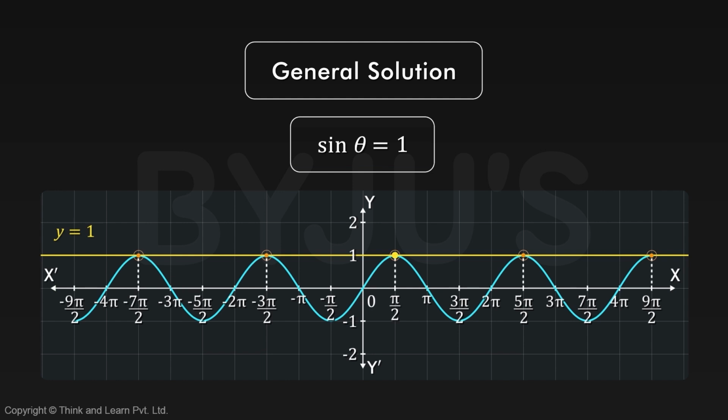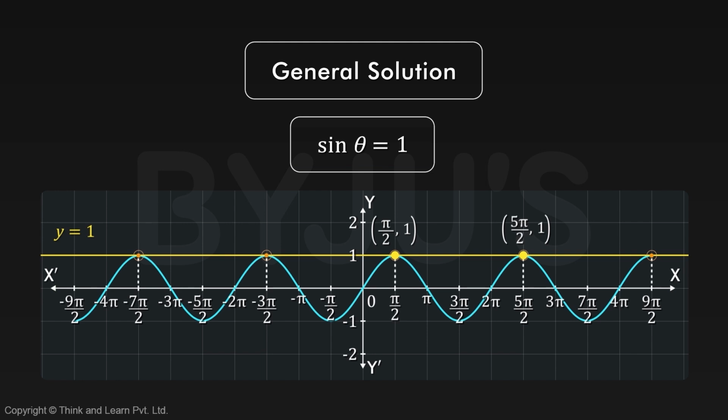Well, this value right here is the angle pi by 2. We all know that already. Now, using the periodicity of the sine function, which is 2 pi, we can clearly see that the next value is going to be, yes, 2 pi plus pi by 2, which is 5 pi by 2.